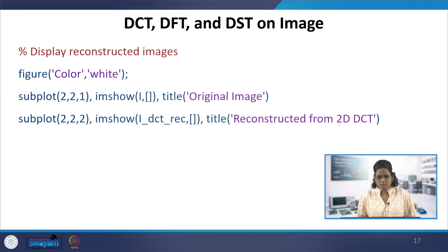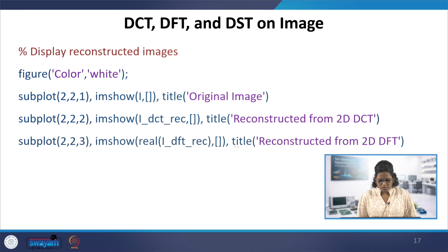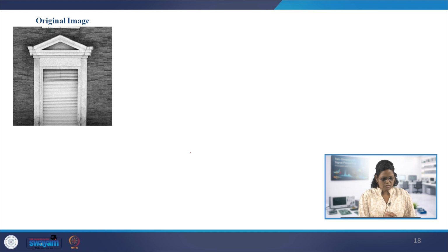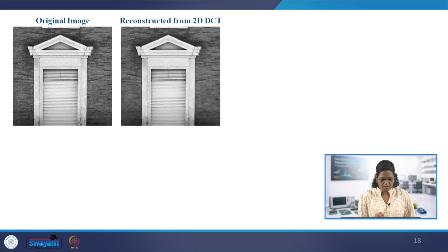This is the 2D DCT reconstructed, similarly this is reconstructed from the 2D DFT, and this is the 2D DST reconstructed one. So you can say this is the original image and this is the reconstruction from the 2D DCT.